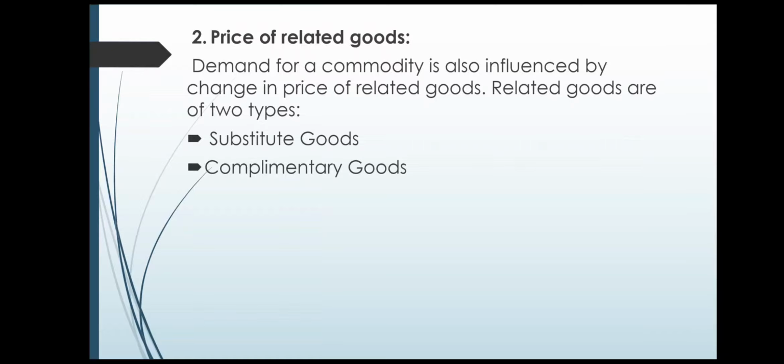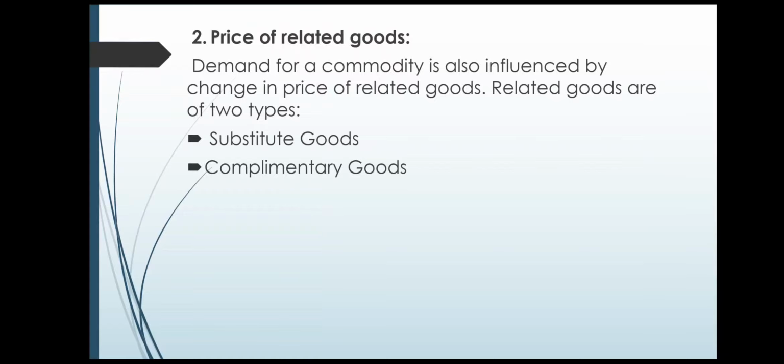The second determinant is price of related goods. Now all those goods whose change in price affect the demand of other goods are considered to be related goods. Whenever there is a change in the price of one good which is having an effect on the demand for another good, all those are considered to be related goods.